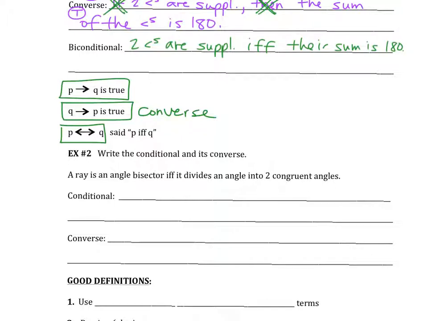How do you make that a conditional statement? Yeah, Krista. If a ray is an angle bisector, okay, so she added an if at the beginning, took out the if and only if, put a then in the middle.